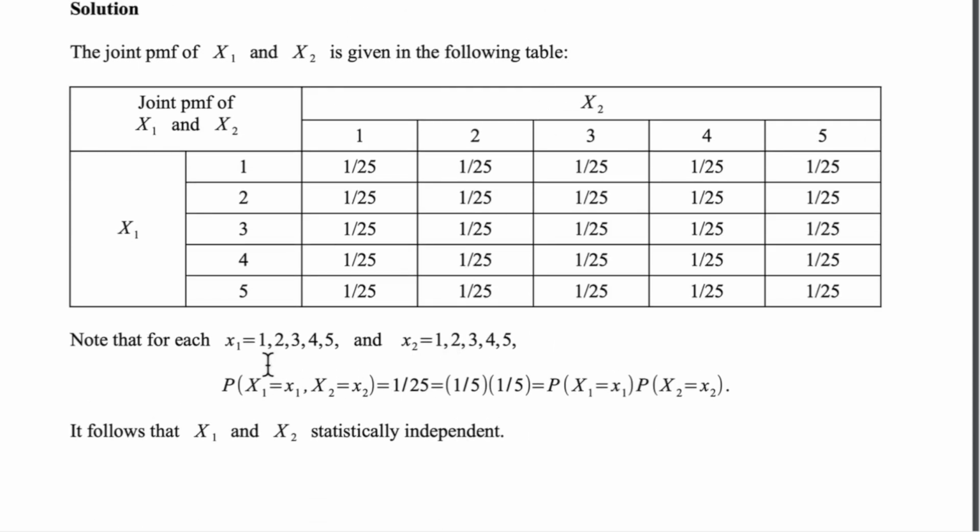Well, what we can note is that for each x1 ranging from 1 through 5, and for each x2 ranging from 1 through 5, if we consider a particular x1 and a particular x2, the probability that the random variable x1 takes on that value of little x1, and then this column is read and the random variable x2 is equal to the particular value of little x2, whatever the values for x1 and x2 are, that joint probability is 1 over 25, because all of these are 1 over 25.